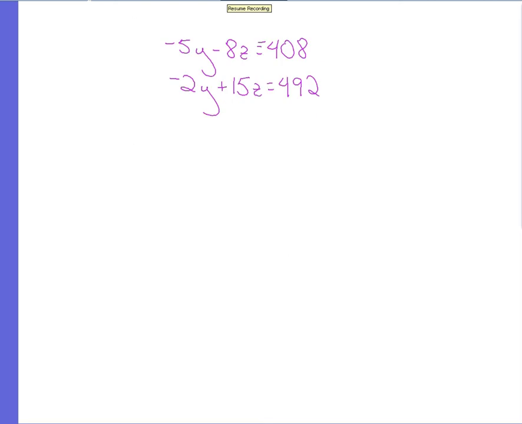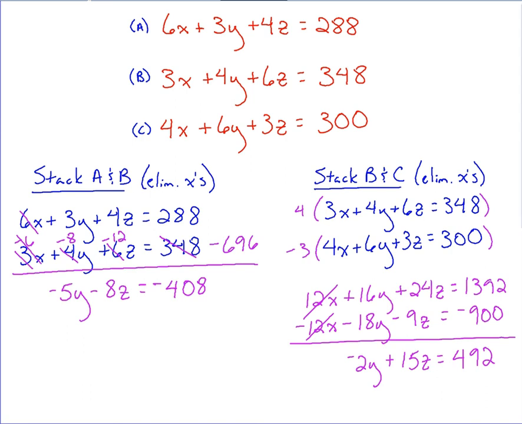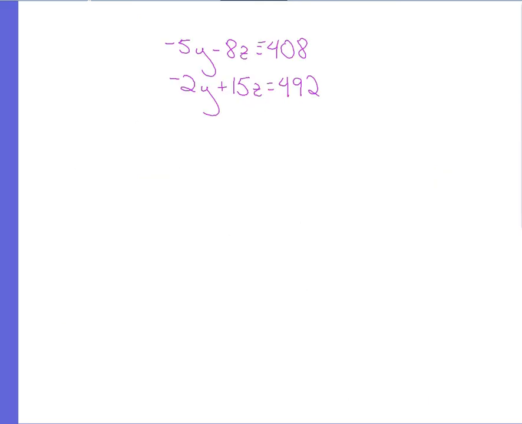Okay, so we took the two new equations that we created and we stacked them over here, and we're going to eliminate again. Doesn't matter what we choose here. If you want to eliminate the y's, we can eliminate the y's. If I want to multiply by 2 up here and need opposite signs, so let's multiply by -5 down there. That'll help me get rid of these y's.